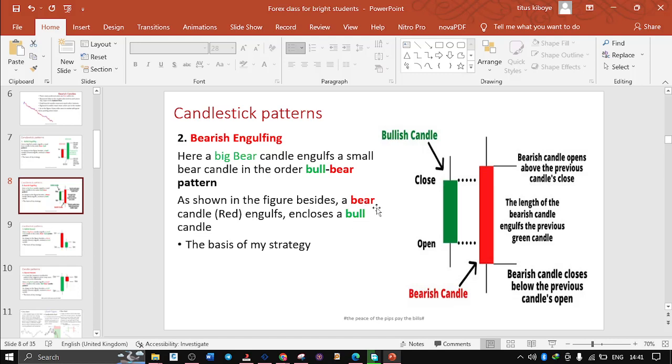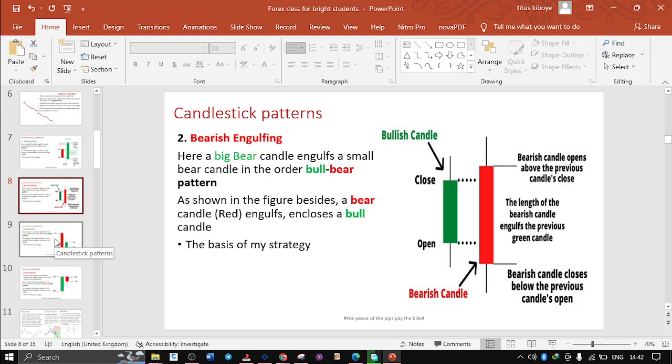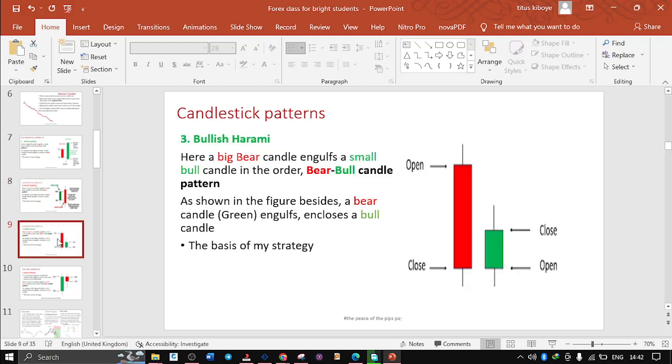Wait a bit. Besides a bull candle, a bear candle engulfs it. To two. Which two? This one here. The previous slide. No, the slide just before where we are. How come the screen is not changing? I can still see bullish harami.